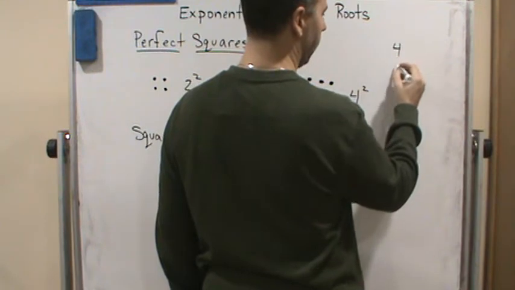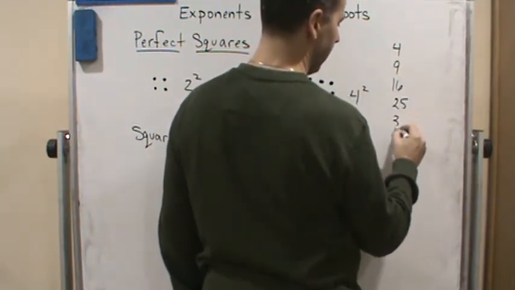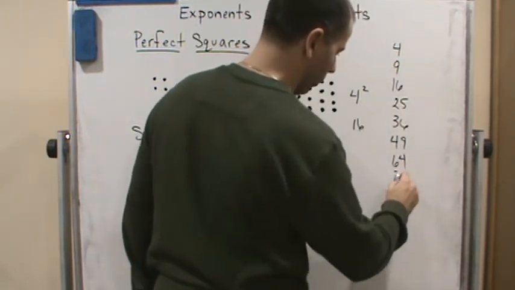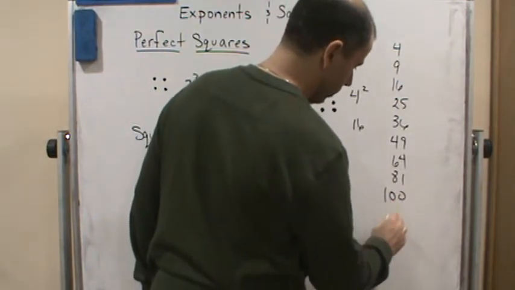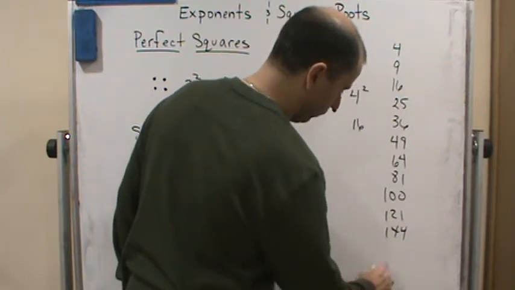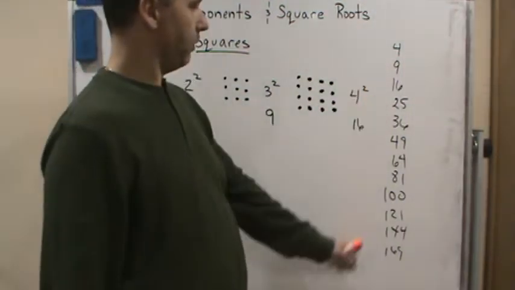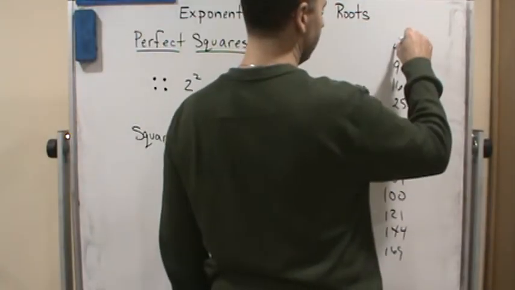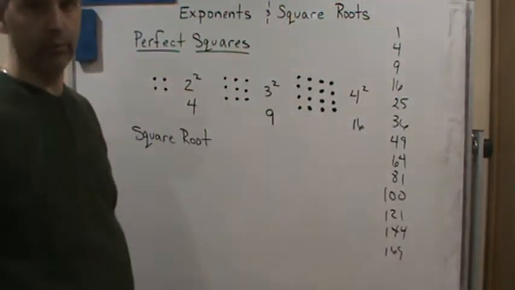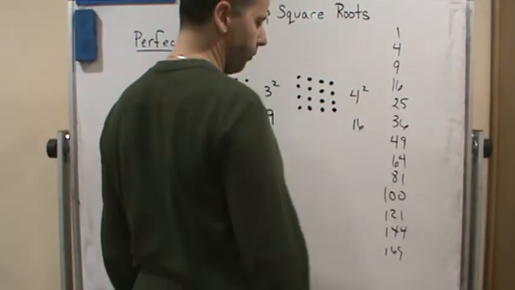There are 4, 9, 16, 25, 36, 49, 64, 81, 100, 121, 144, 169. Those are all perfect squares. The first perfect square is 1, right? 1 times 1 is 1. So these are all the perfect squares from 1 through 13.